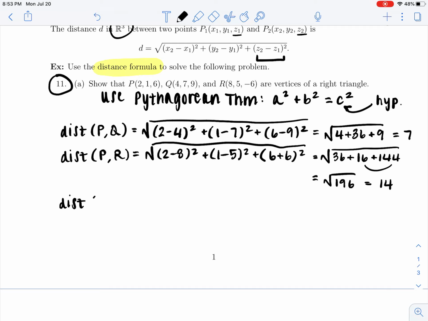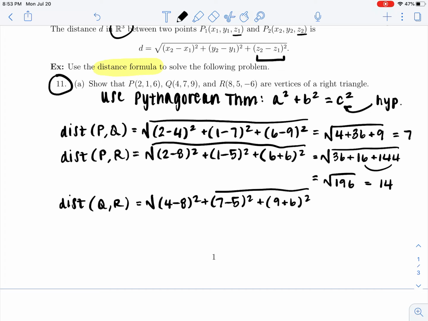So the last length we need to compute is the distance from Q to R. And so that is going to be the square root of 4 minus 8 squared plus 7 minus 5 squared plus 9 plus 6 squared.